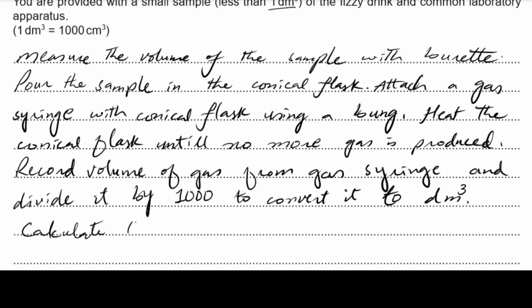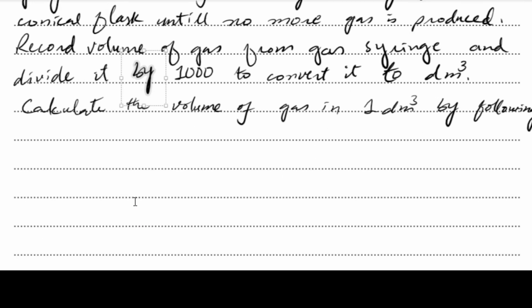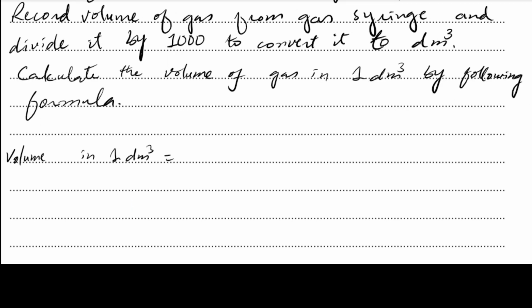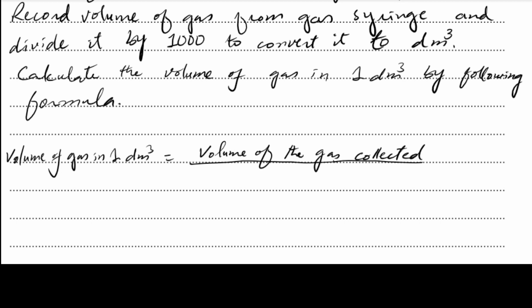As the sample given was less than 1 cubic decimeter, we need to convert it to 1 cubic decimeter. Calculate the volume of gas in 1 cubic decimeter by the following formula: volume of gas in 1 cubic decimeter equals volume of gas collected divided by volume used.